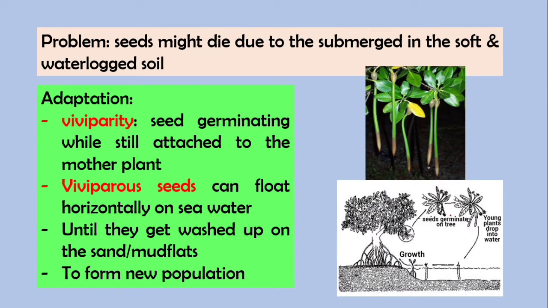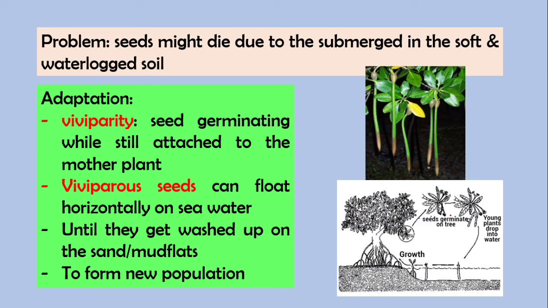Next problem is this one, waterlogged soil. Most of the time, mangrove plants are covered by seawater, especially during high tide, pada waktu air pasang. So seeds of the mangrove plants might die due to being submerged in the soft and waterlogged soil.